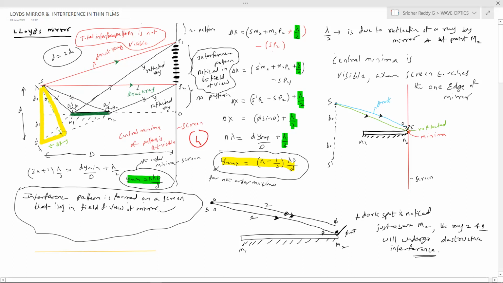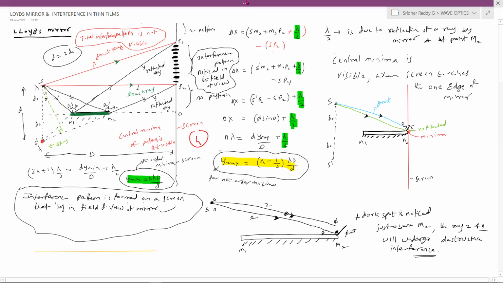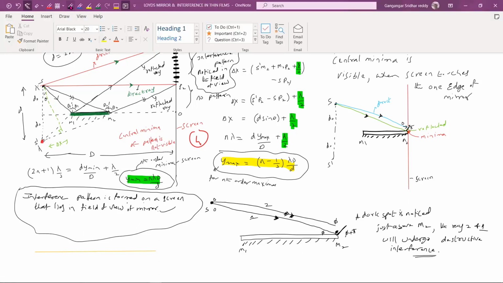You can see the triangle clearly. Sine theta is equal to delta X by 2D, or for the time being let me write it as D. So delta X is S dash P minus SP2, and we'll write it as D dash here. I think some symbol change, some correction is there.